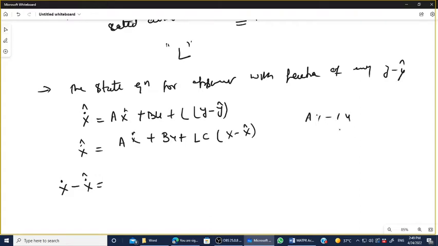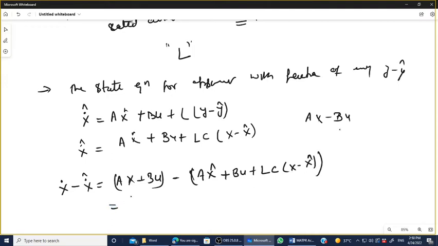So you can write simply Ax plus Bu minus A x cap plus Bu plus LC times x minus x cap.